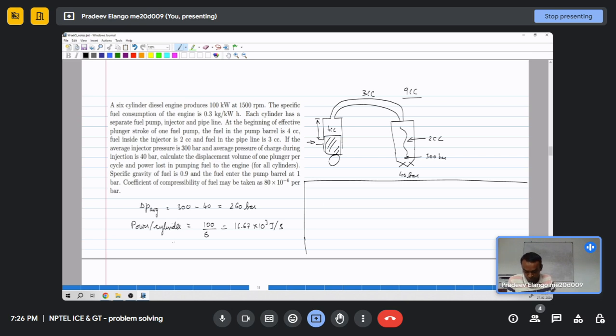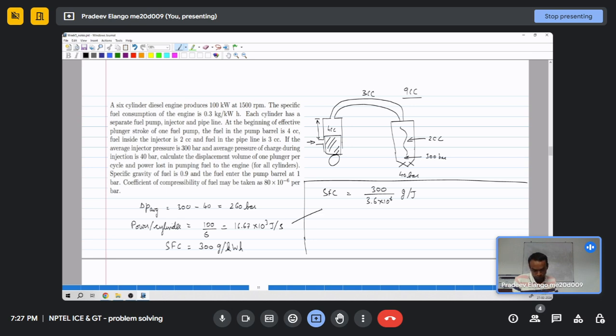Then we know specific fuel consumption is 0.3, or I would write it as 300 gram per kilowatt hour. To convert the kilowatt hour, we can write 300 by 3.6 into 10 power 6 gram per joule.